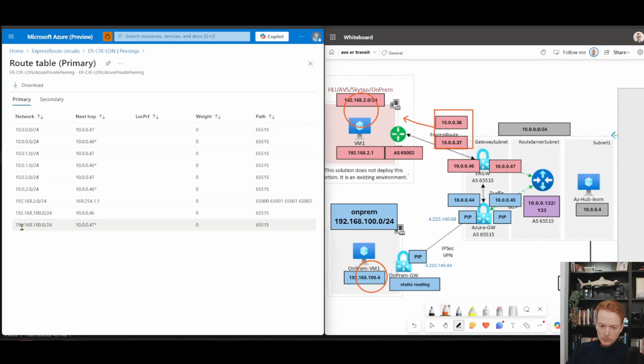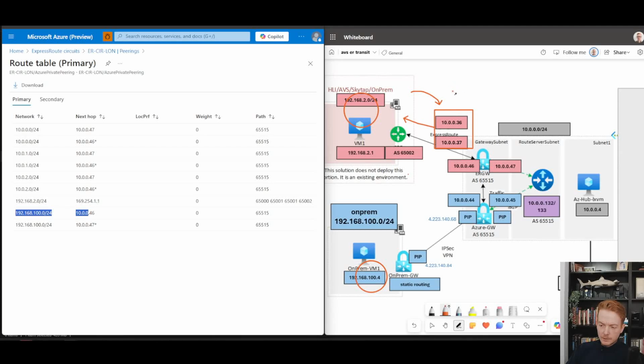It knows about 192.168.100.0 from these IPs, which we know are the gateways now for ExpressRoute. So the ExpressRoute gateways have been influenced by the route server branch to branch to advertise onwards the VPN prefixes. It comes into the circuit and routes it as per this logic.